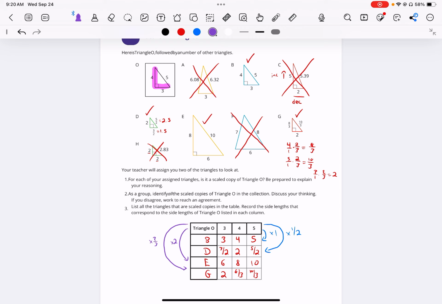So this number that we multiplied our original by to get our new triangles, that is called the scale factor. And the scale factor is the number you multiply. So it always has to be multiplied by an image to create a scaled copy.